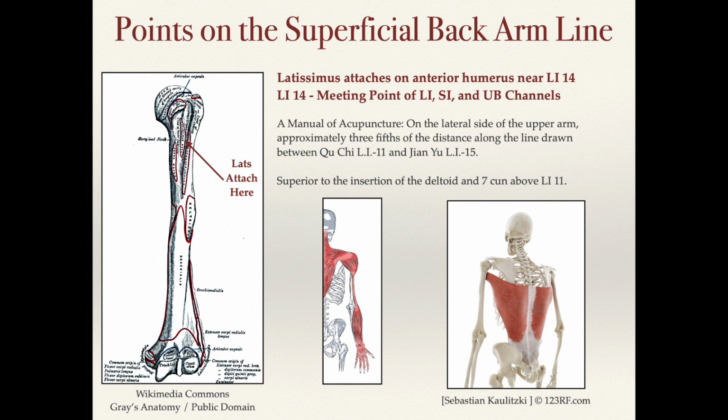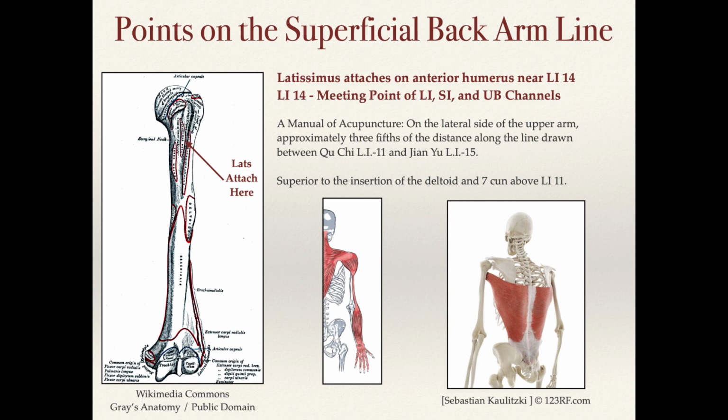If you zoom in on the upper part of the humerus, just above the attachment for the deltoid, you'll find that in the middle of the anterior portion of the humerus is the attachment for the latissimus. Just lateral of that is the attachment for the pectoralis major, and medial to the attachment of the latissimus is the teres major attachment.